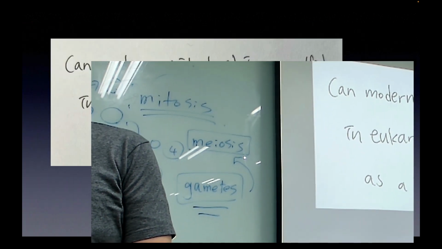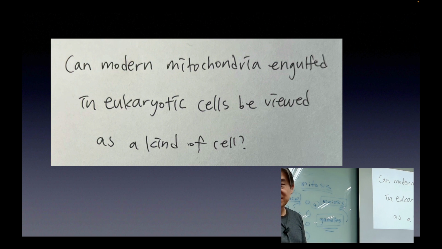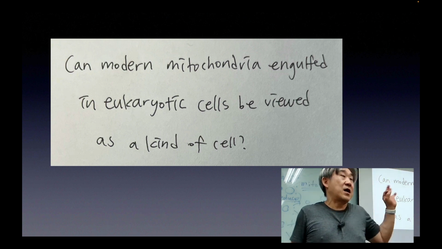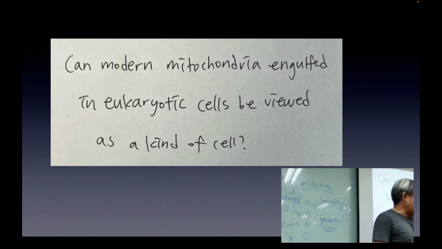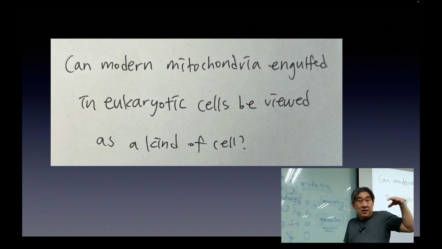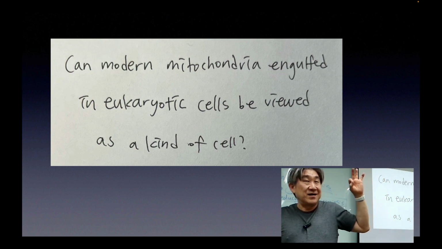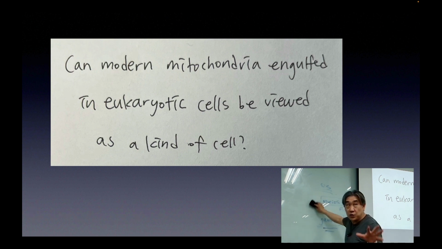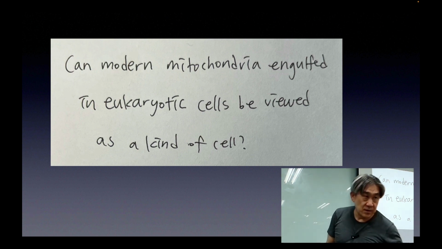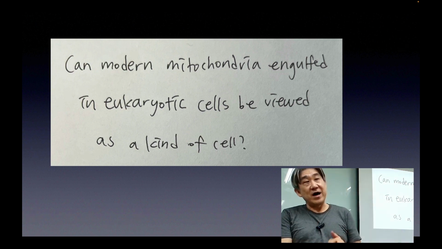Can a modern mitochondrion, engulfed in a eukaryotic cell, be viewed as a kind of cell? What do you think? If we can consider mitochondria as still a kind of cell, then outside of the so-called host cell, those mitochondria should be able to survive.